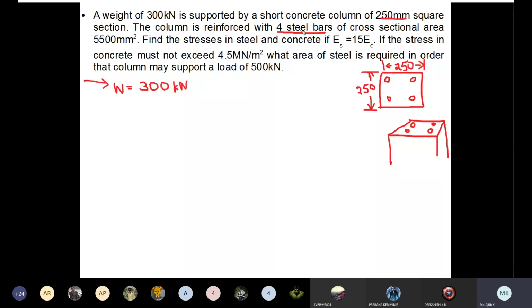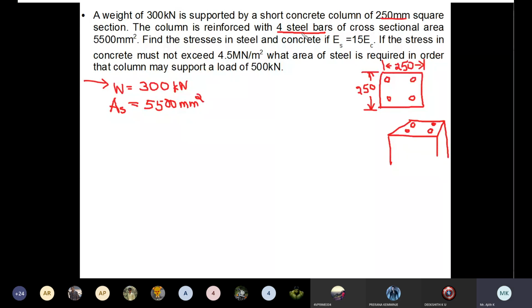Column is reinforced with 4 steel bars. You can see 4 steel rods here of cross-sectional area 5500 square. So area of steel is equal to 5500 square. What is the meaning of this sentence?